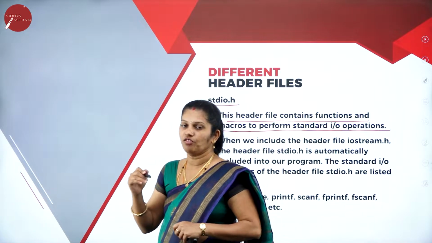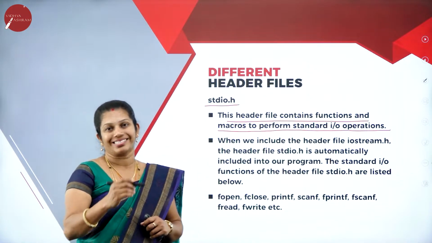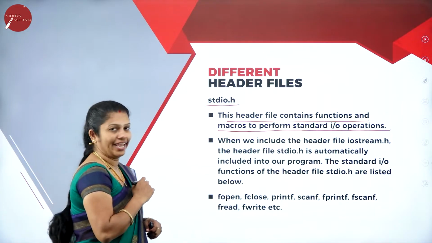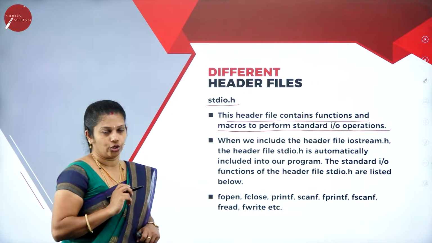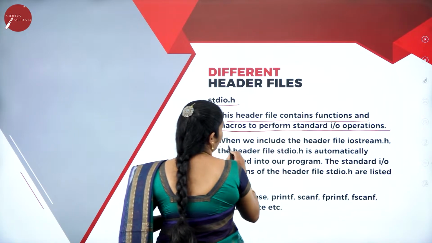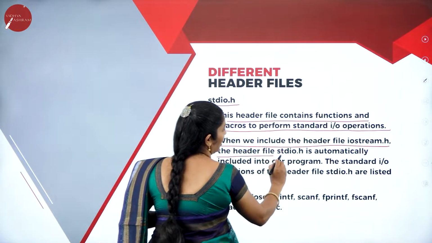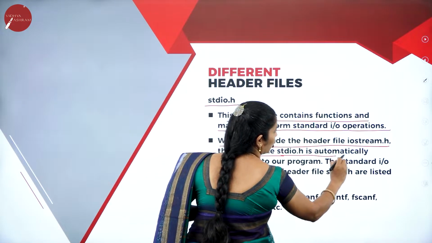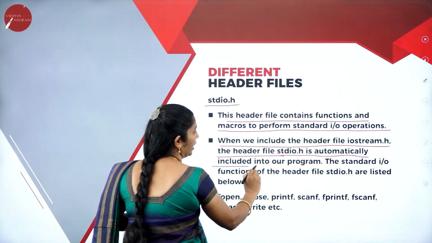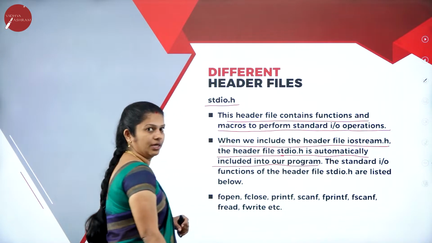If in the program you are using printf as well as scanf functions, then we need this header file stdio.h. Whereas when we include the header file iostream.h, the header file stdio.h is automatically included into our program.